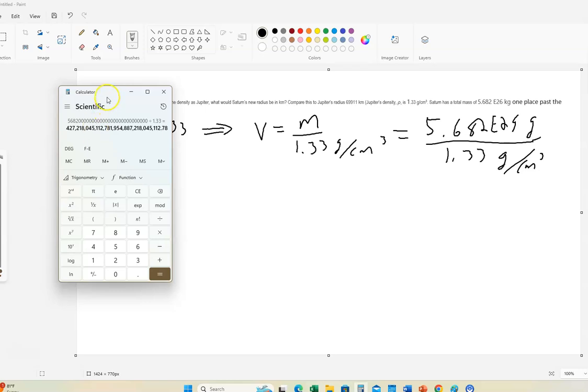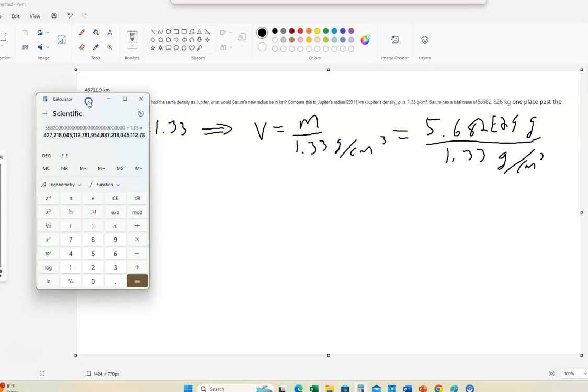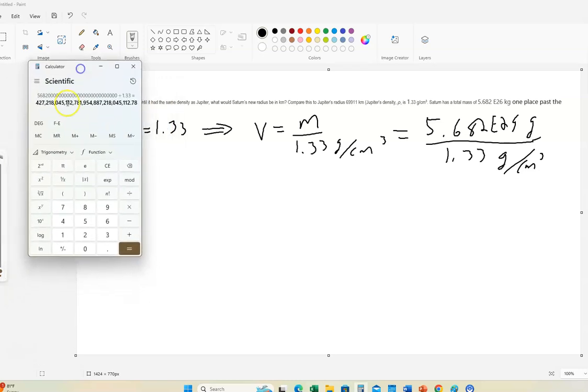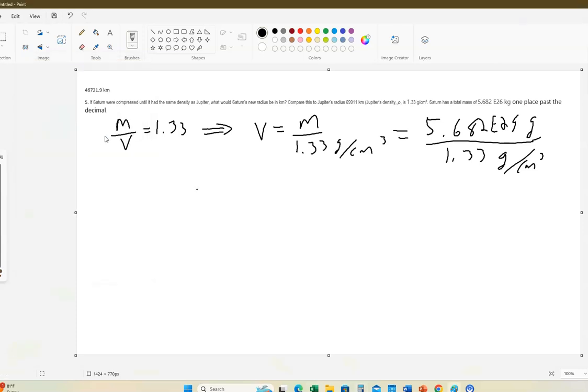That's not in scientific notation, but at any rate, I'm just going to leave that in the calculator and use it to solve this. Now remember, the volume has the radius in it. The volume is going to be 4 times pi divided by 3 times the radius cubed.